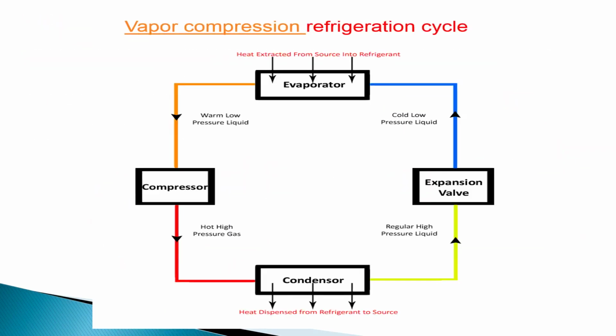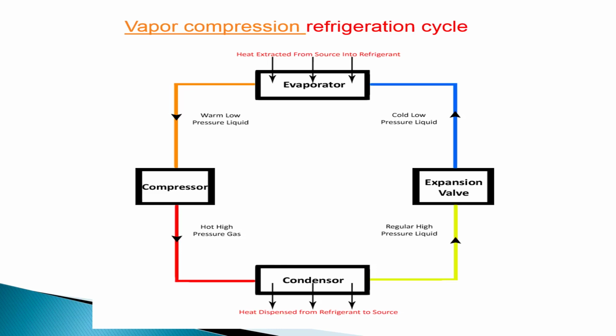Then in refrigeration systems, there are different types. One is the vapor compression refrigeration system. The other one is the vapor absorption refrigeration system. Now we will see one by one.